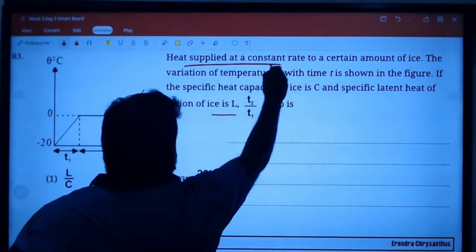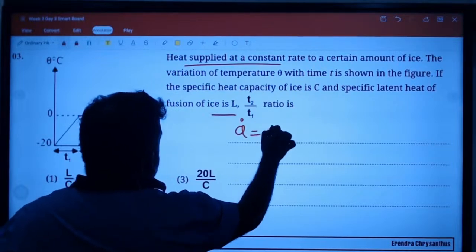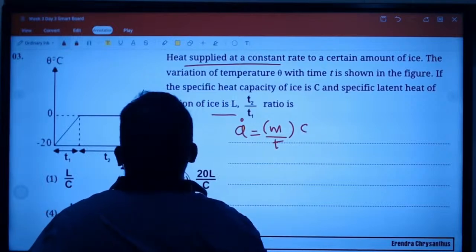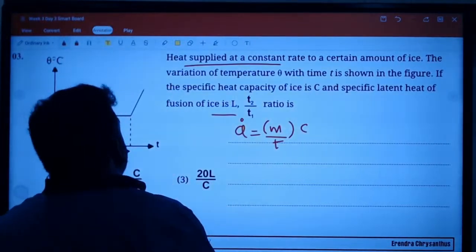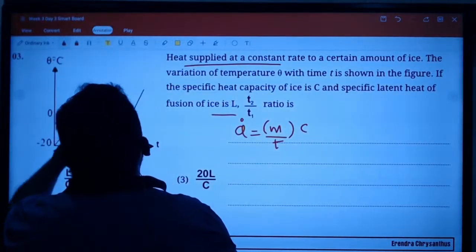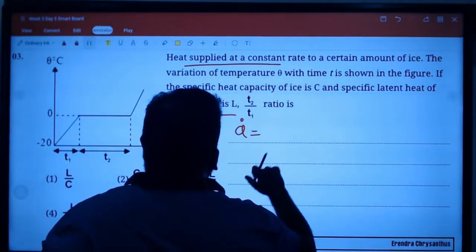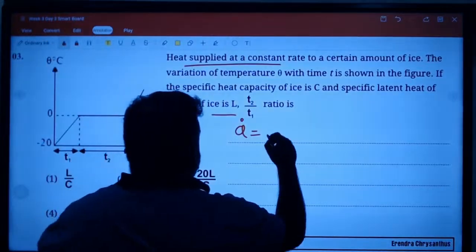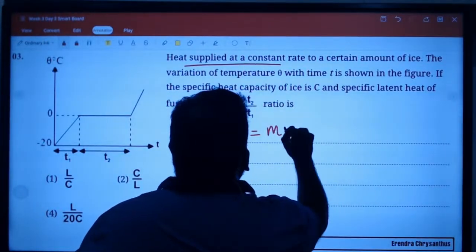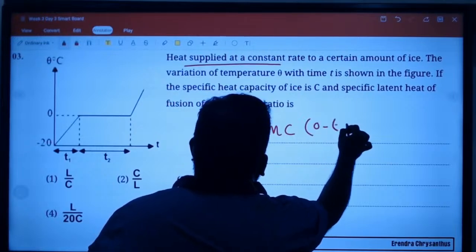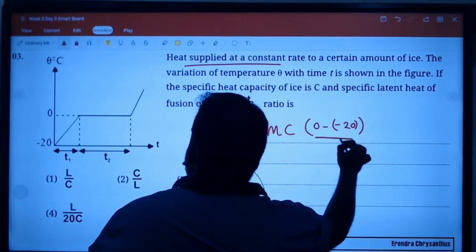Supplied at a constant rate. So Q dot is equal to M over T, specific heat capacity. If you consider this carefully here: mass, specific heat capacity, changing temperature, 0 minus 20, divided by time T1.